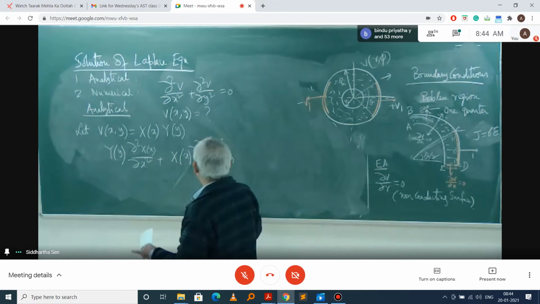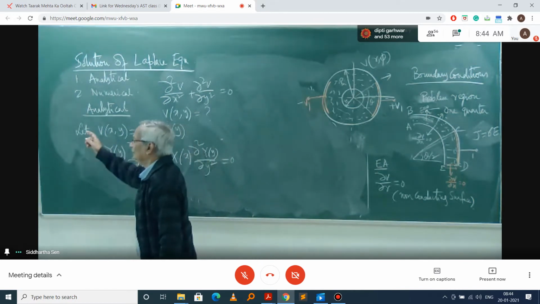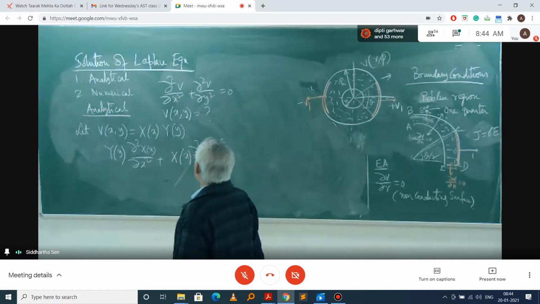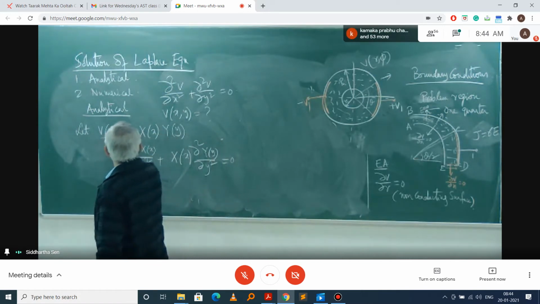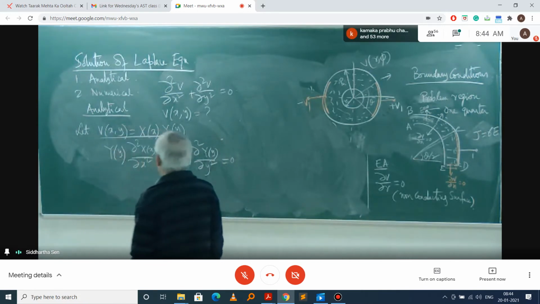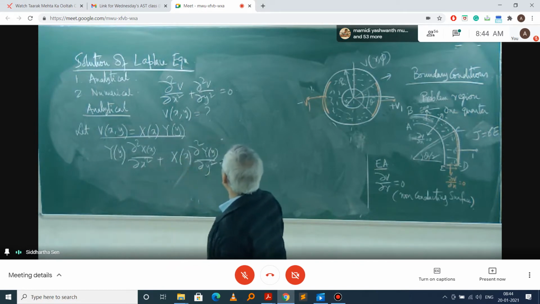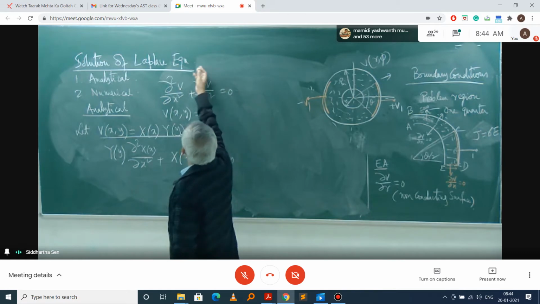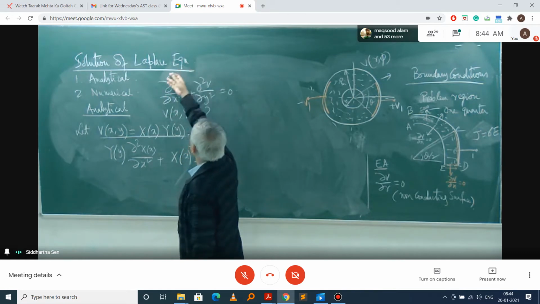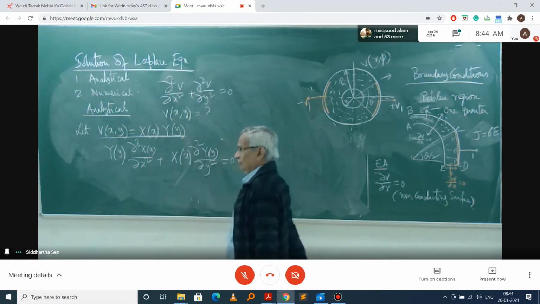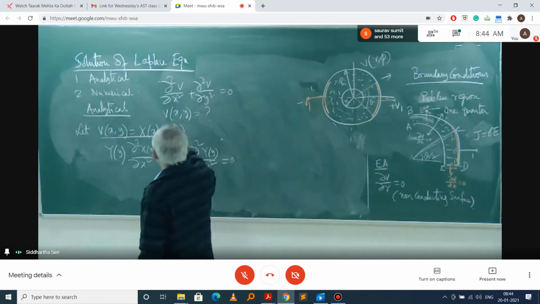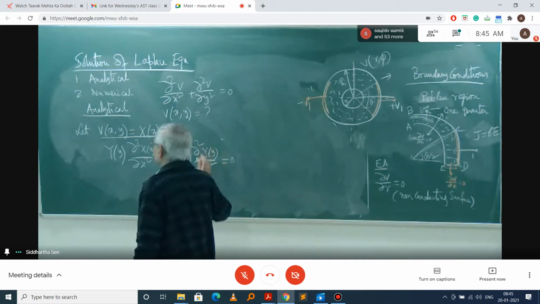Just see, we are assuming. The question is, if we are assuming, what should be the conditions? Our question is whether this is a solution. If it satisfies this equation, then it should be a solution. So to satisfy this equation, this equation has to be valid.